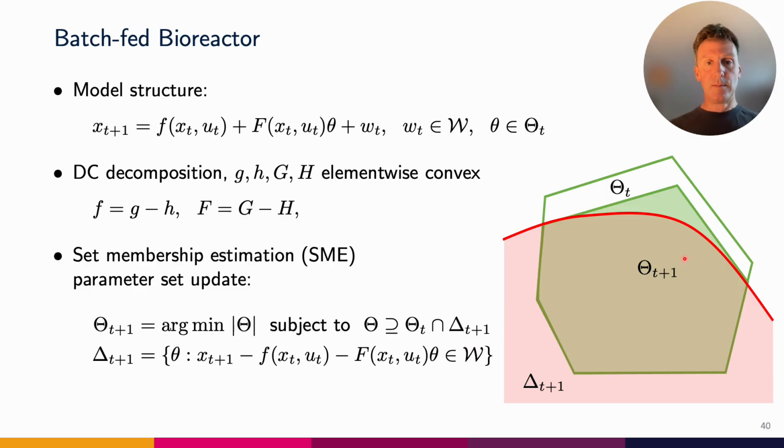In this application, we want to ensure that the number of vertices of our uncertain parameter set remains constant, so we don't have a growth in computation over time. So the parameter set is defined by a polytopic set where the face normals are fixed and the scalings of the faces are updated online through this optimization.